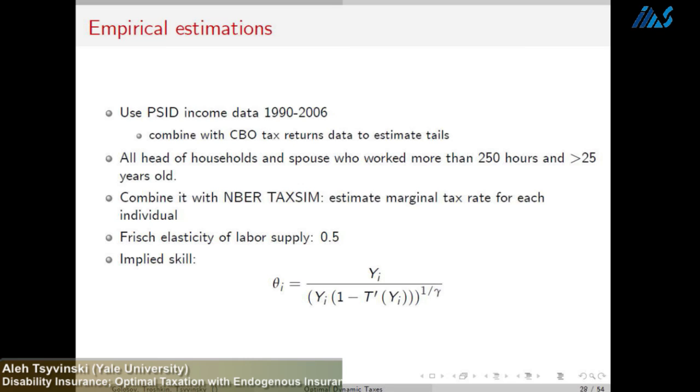I can match every income with the marginal tax due to NBER TAXSIM. I make a stance on the elasticity, and exactly what comes out would correspond to the skill in my model, under the assumption of my utility. I don't know whether I answered or not.